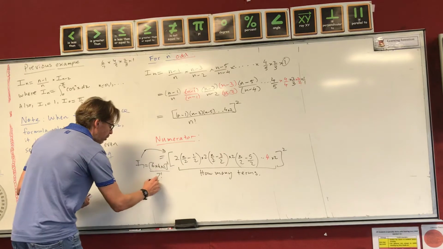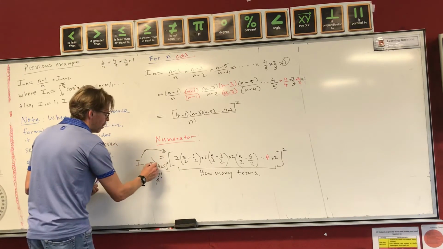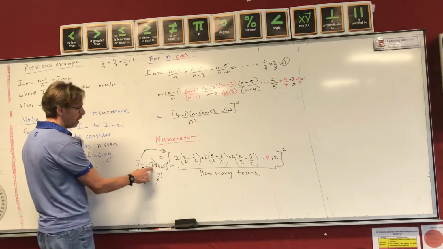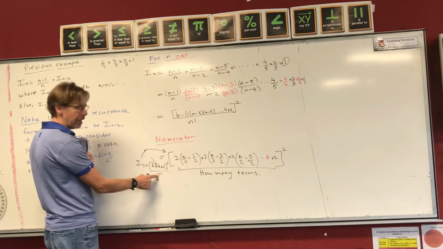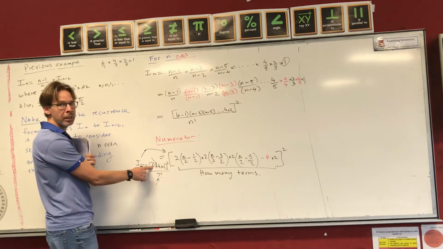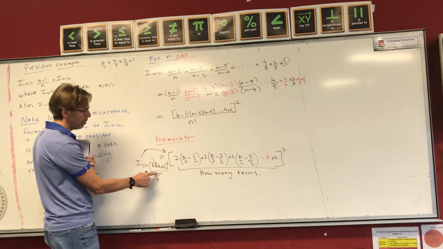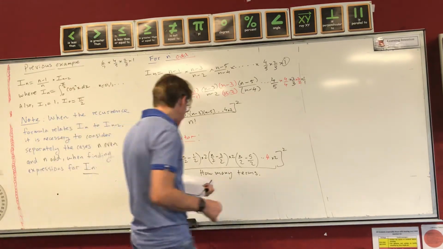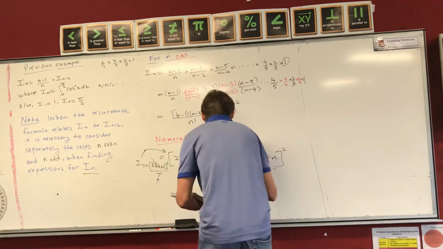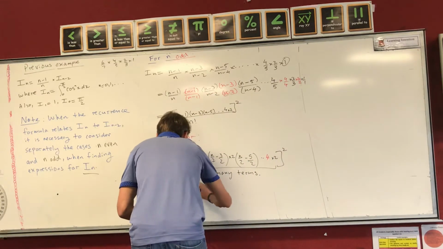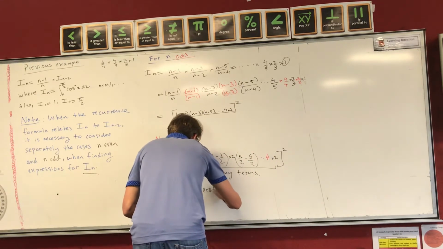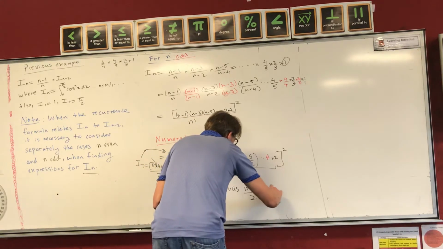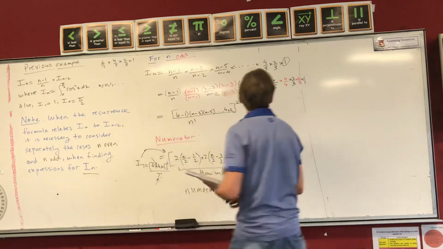So 7 terms there and 3 terms inside the brackets. So you can think of this as, if that's n, this is n minus 1 divided by 2, isn't it? So 7 terms, 3 terms, so n minus 1 divided by 2. So the numerator has n minus 1 divided by 2 terms.